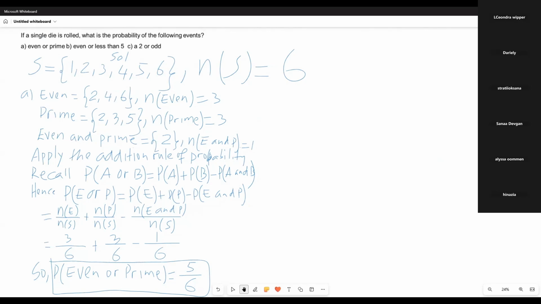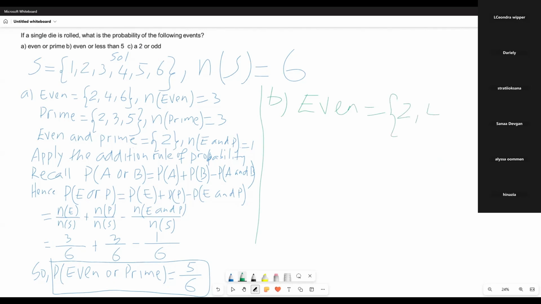Let's move to part B. Even or less than 5. Let's use even.